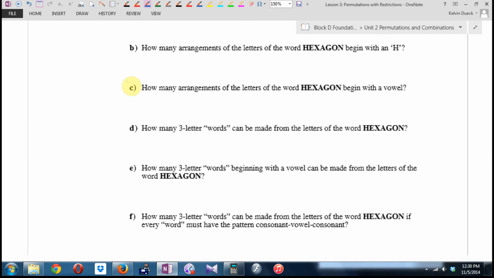How many 3-letter words beginning with a vowel can be made? This is probably tougher than I'll ask on a test. I'm going to leave it on the homework. If you find it tough, I'll happily talk about it Friday.